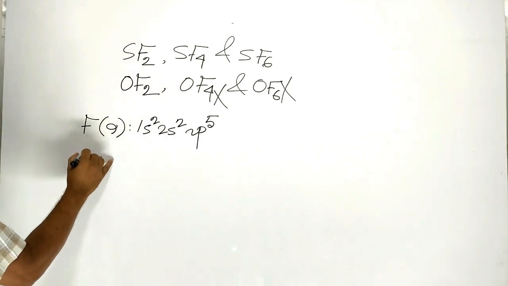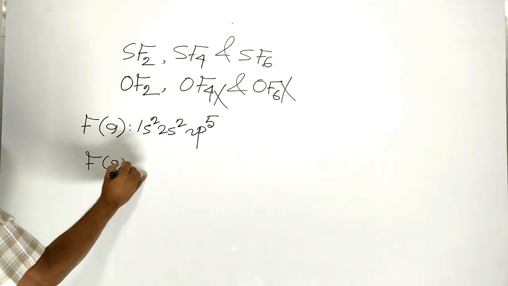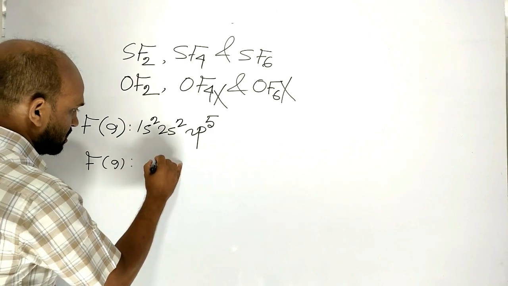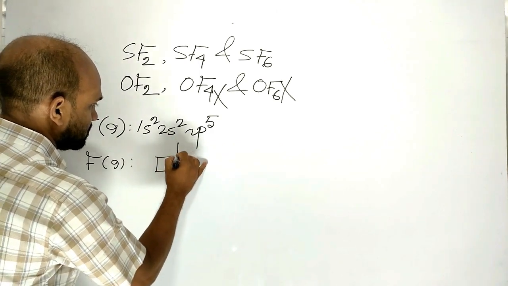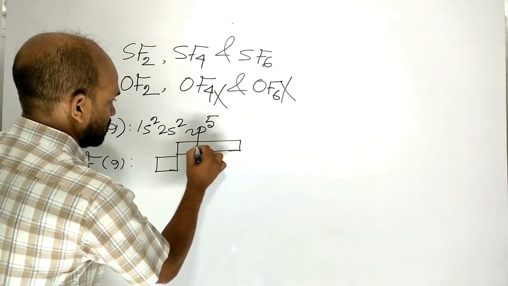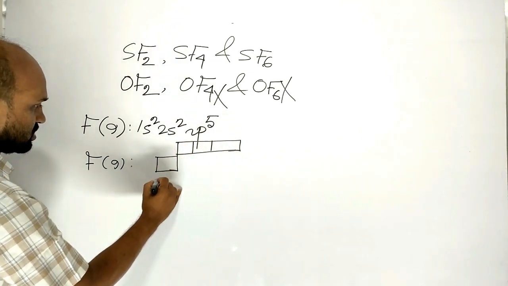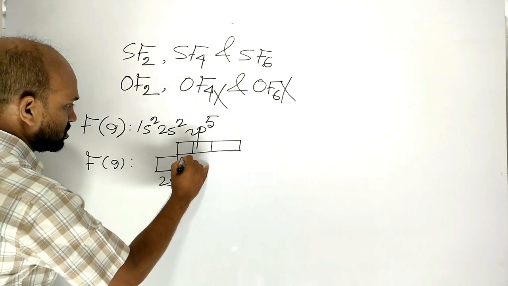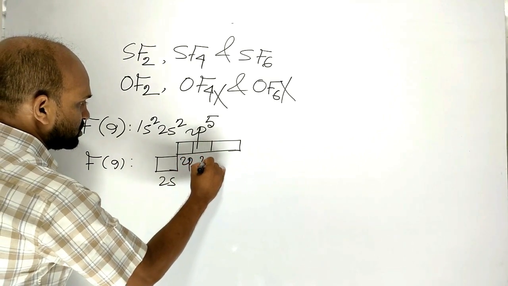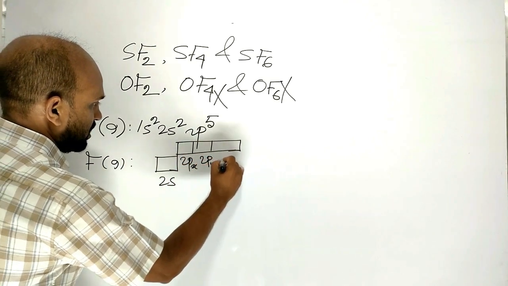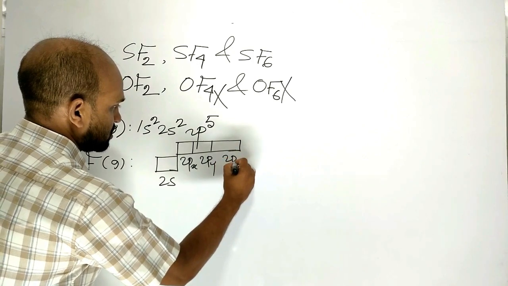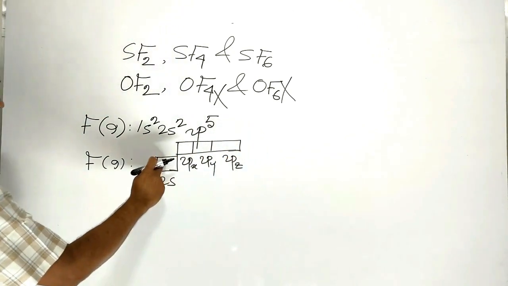When the electronic configuration of fluorine is drawn in box method, then we can write this: 1s, 2s, 2px, 2py, and 2pz.